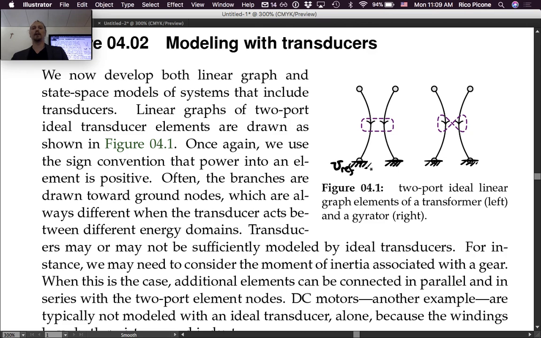And on this side, the ground would be the angular velocity. It could be anything, but in this case, let's talk about it as if it was a motor. On one side, the ground would represent zero voltage. On the other side, it would represent zero angular velocity, or the reference of each.